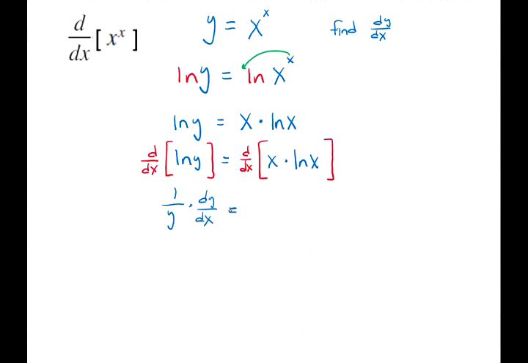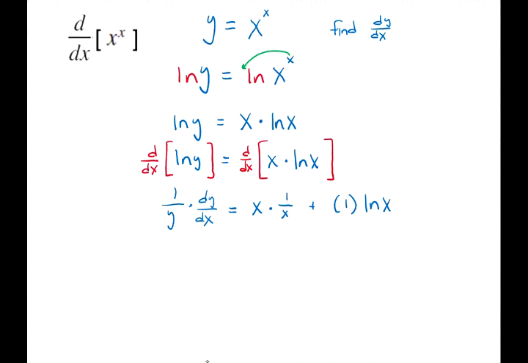And on the right we have the product rule. So we could take the first times the derivative of the second. So x times the derivative of natural log, plus, now let's switch it up, the derivative of the first, which is 1, times the second, which is the natural log of x.